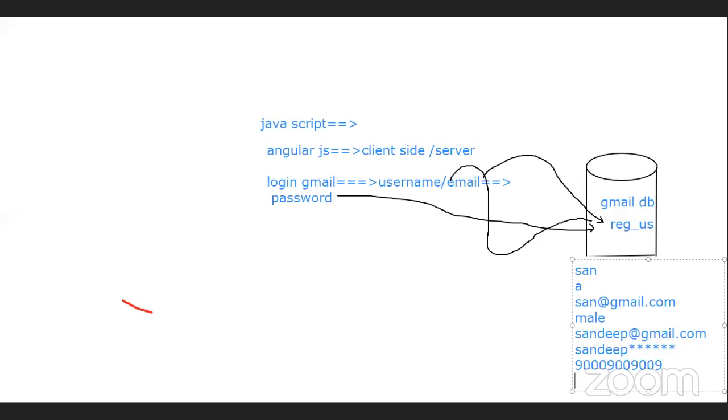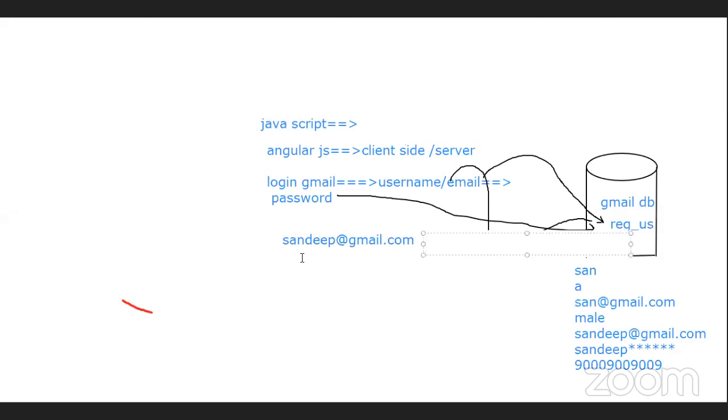For example, if Sandeep at the rate of gmail.com needs to log into that account, at that time he can first enter Sandeep at the rate of gmail.com. Okay, fine, this email ID is available in the server.